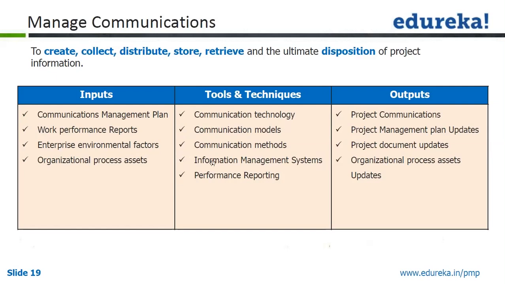Information management system, this could be using mail, maybe email, memo, and other manual as well as IT management systems you can use as information management system tools. And performance reporting, whatever performance is gathered as a part of your work performance report.